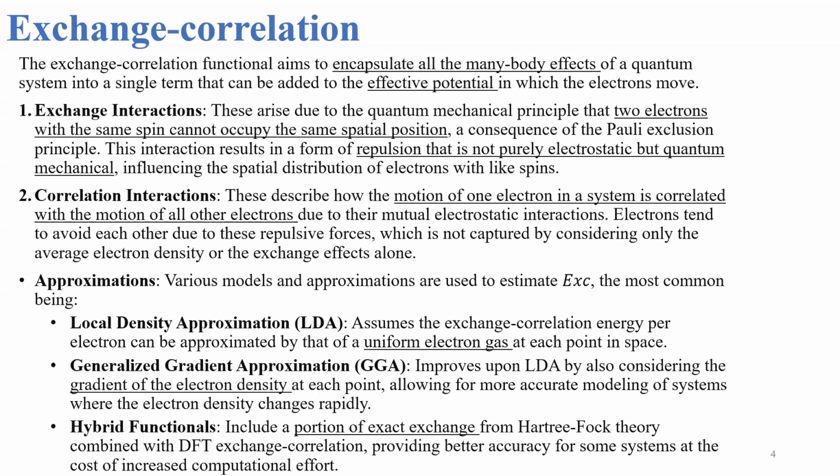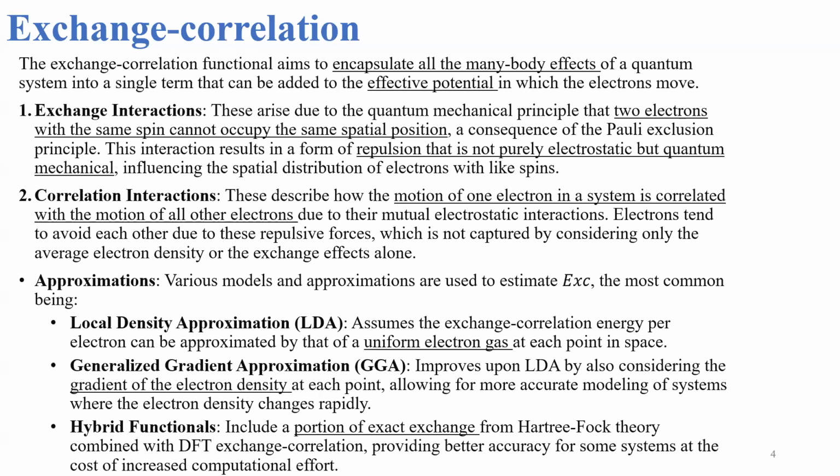There have been several research works to capture these exchange and correlation terms in a tractable way. One of the first attempts was the local density approximation, which basically assumes a uniform electron gas at each point in space, the Thomas-Fermi rule. We will not go into detail of that, but that's the simplest approximation.